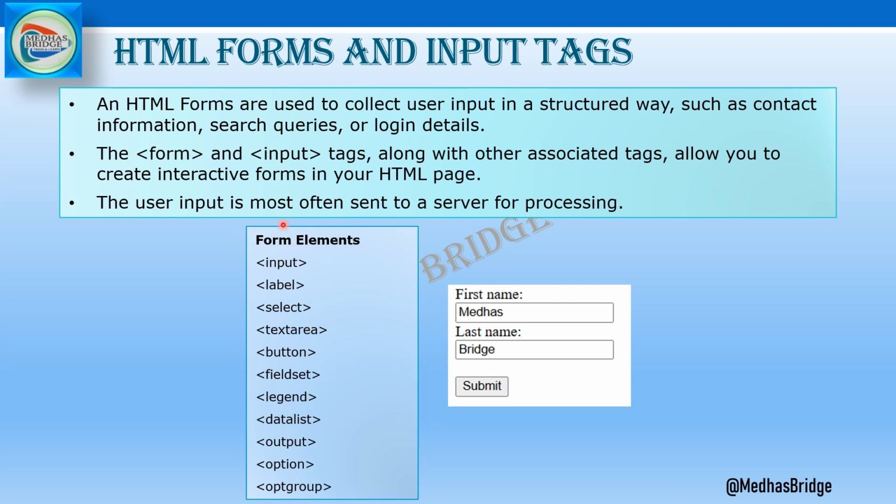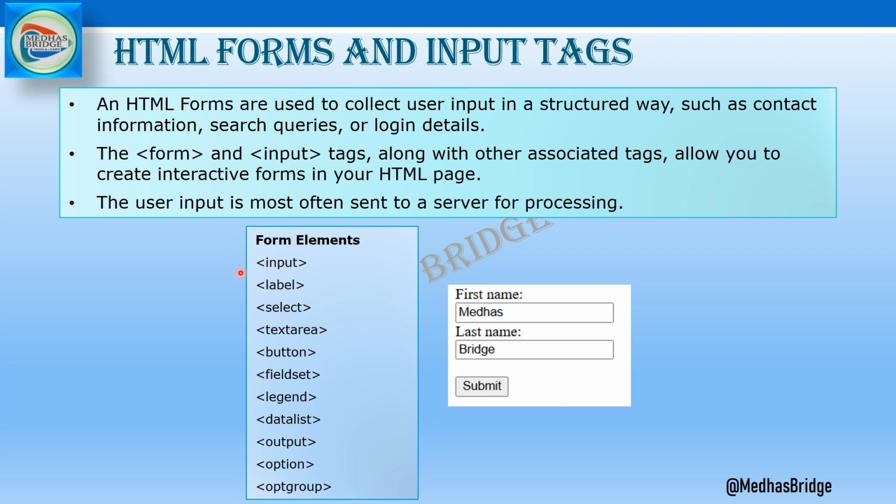Generally, user inputs are most often sent to a server for processing. Keep in mind, because we are talking about a client and server, as soon as the user submits from the client side, it reaches the server, and the server takes them, processes them, and puts them in a data source, a database for instance.